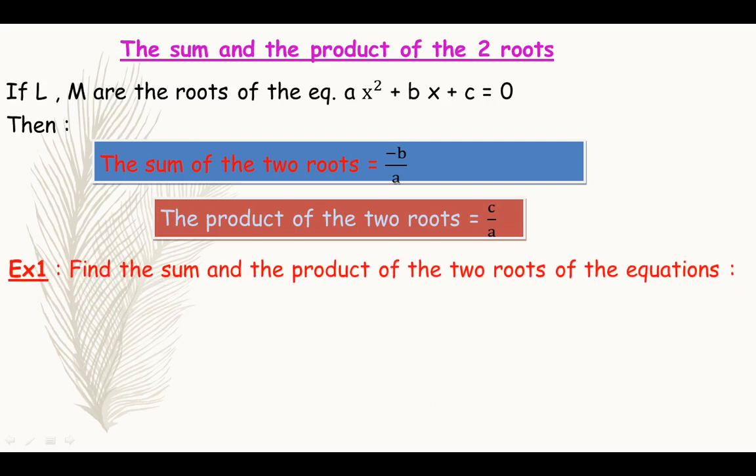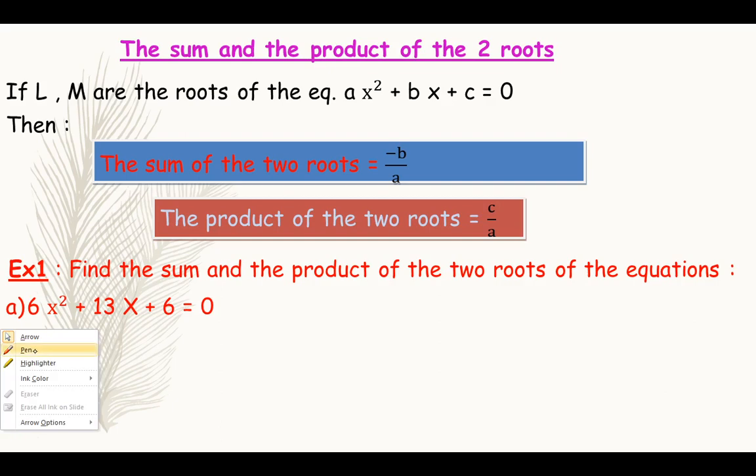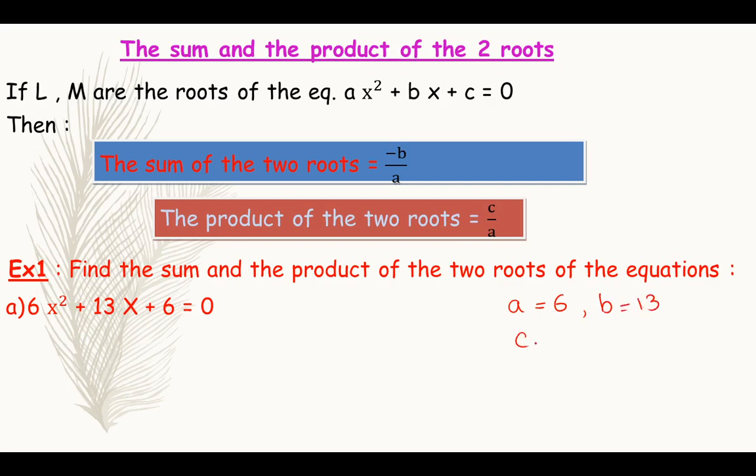Example 1. Find the sum and the product of the two roots of the equation 6x power of 2 plus 13x plus 6 equals 0. Here, let's solve it together. In this equation, a equals 6, b equals 13, and c equals 6.